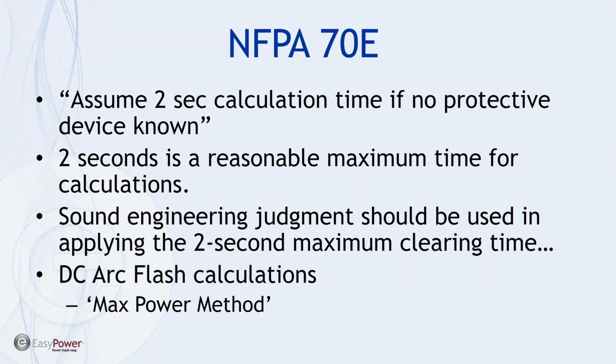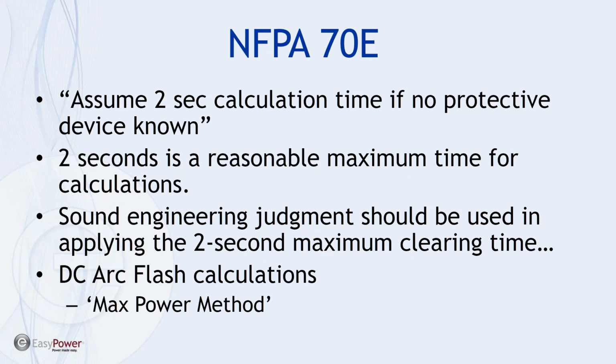And the point is they, being the standard, consider 2 seconds as a reasonable maximum time for calculation based upon a human being able to remove themselves from the danger zone if it were continuing.